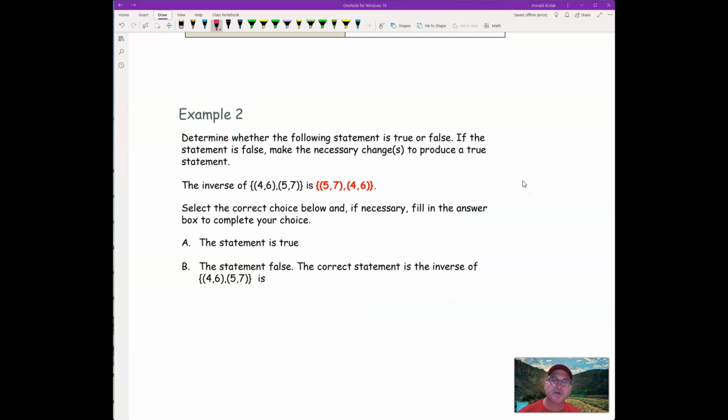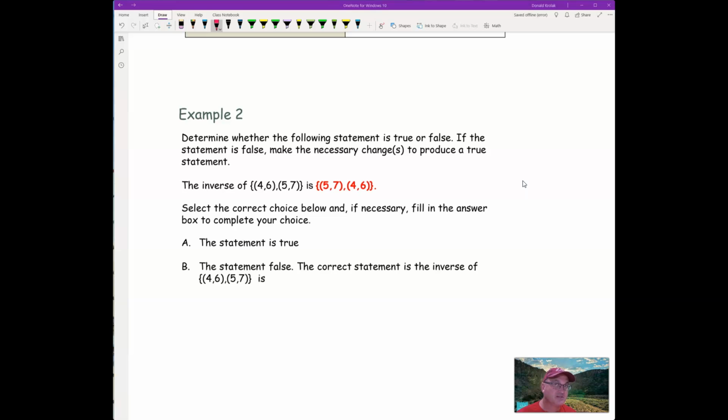So here's an example of that you would see on your Math Excel. Determine whether the following statement is true or false. If the statement's false, make the necessary changes to produce a true statement. The inverse of (4, 6), (5, 7) is (5, 7), (4, 6). So, true or false? Well, hopefully you said false, because all we did here was switch the order of how I wrote them.